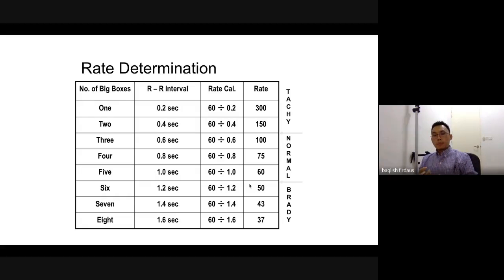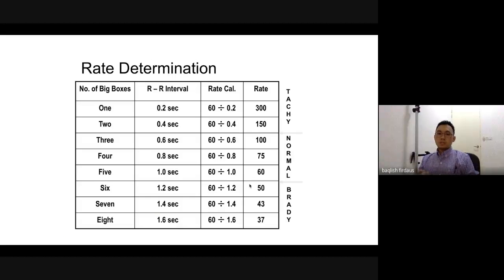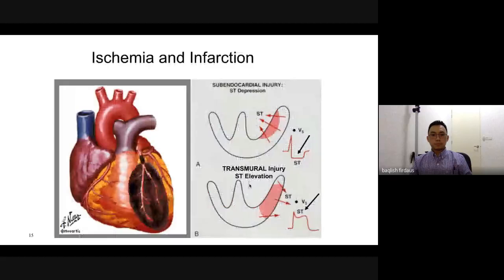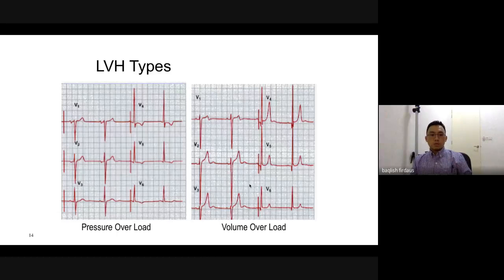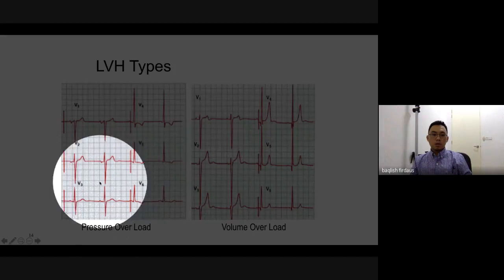Another thing, we can calculate the heart rate from the RR interval. We just see the number of big boxes between the RR interval, and we divide 300 by the number of big boxes of the RR interval. So as an example, we calculate the number of big boxes between two R waves.